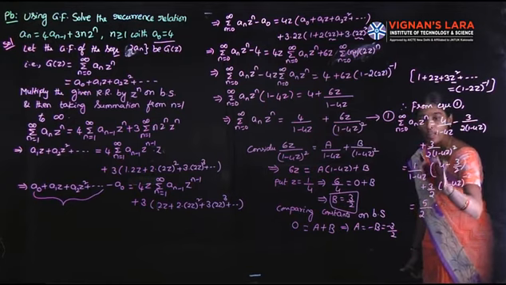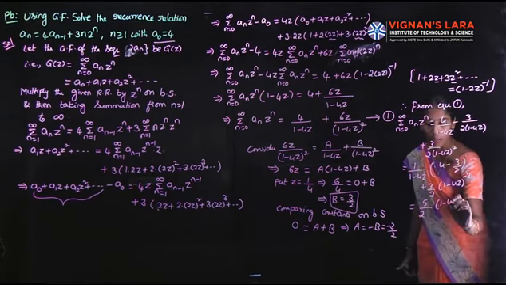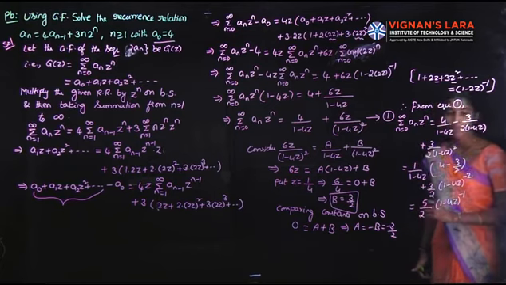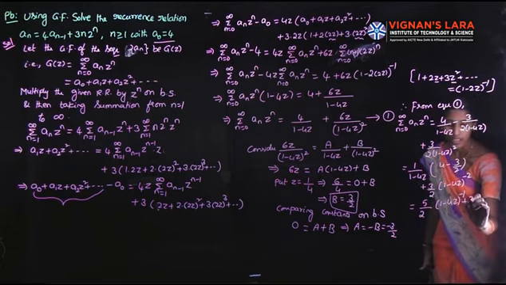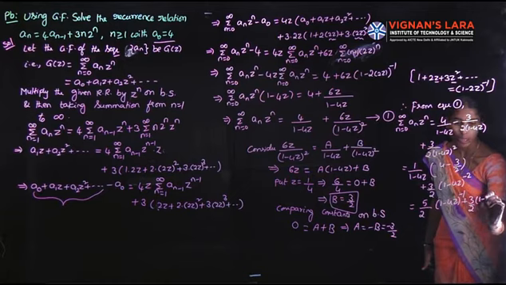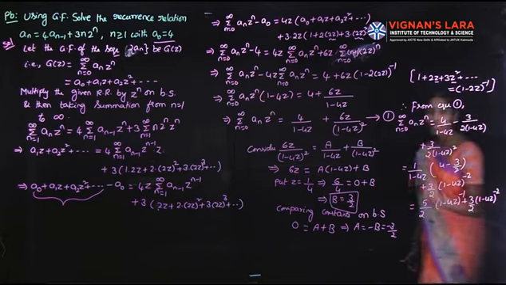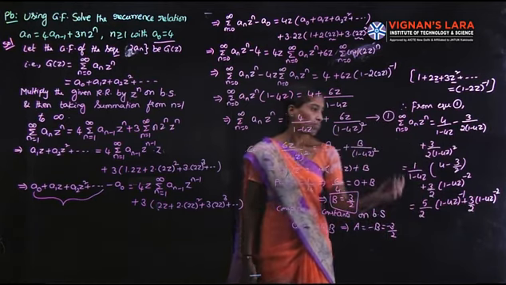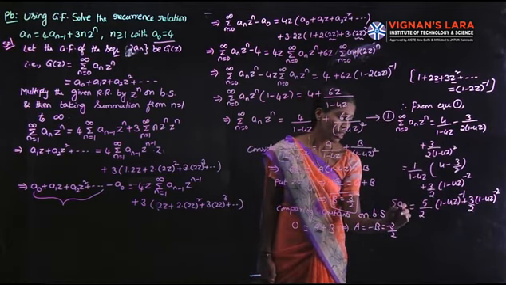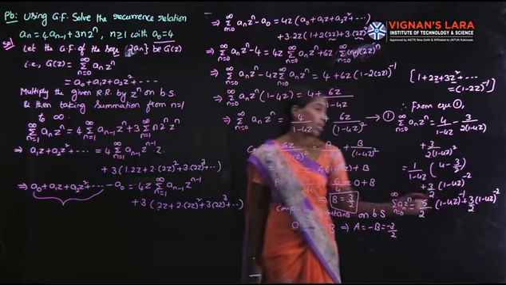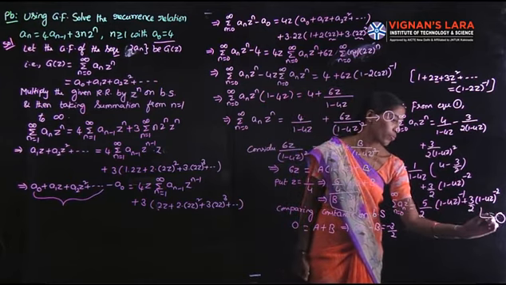Write this as 5 by 2 into (1 minus 4z) whole inverse plus 3 by 2 into (1 minus 4z) to the power minus 2. And the LHS is summation n equal to 0 to infinity a_n z^n. Let it be equation 2.